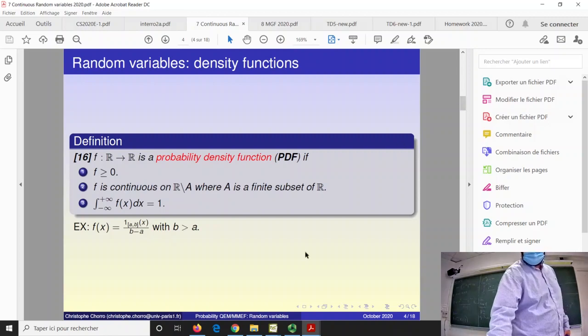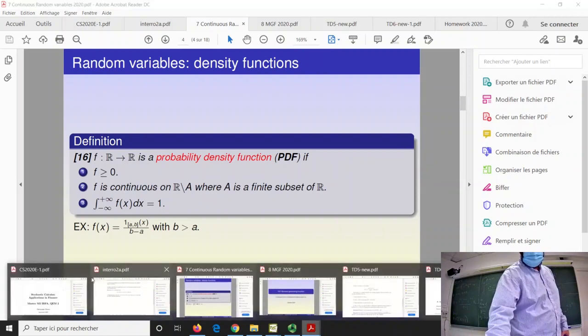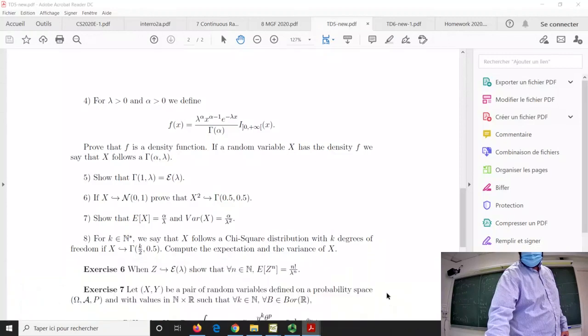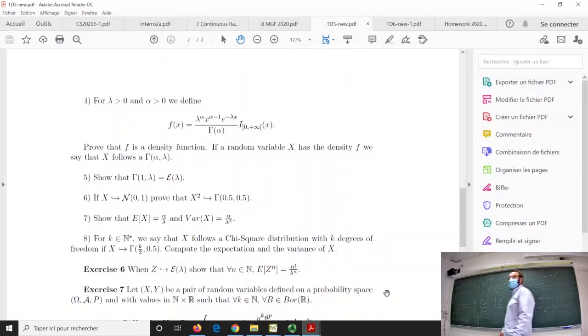So I have proved that I have a density function: something that is positive, continuous except maybe at 0, but I don't mind, and with an integral equal to 1. From now on, and this is supposed to be known for the midterm exam, I will say that x follows a gamma distribution.